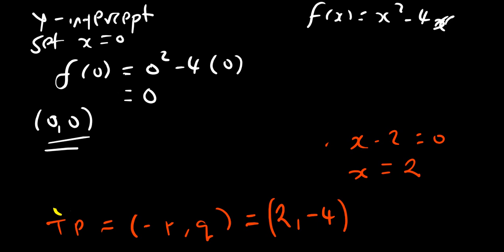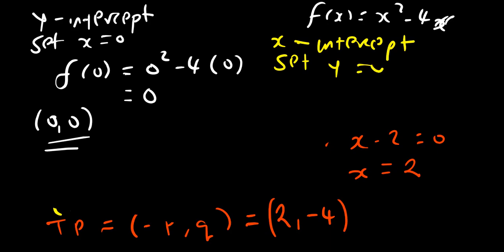Let's find our x-intercept, where the graph cuts the x-axis. What are we going to do? Again, in this expression you're going to set your y equal to 0. So we set our function f of x equal to 0.